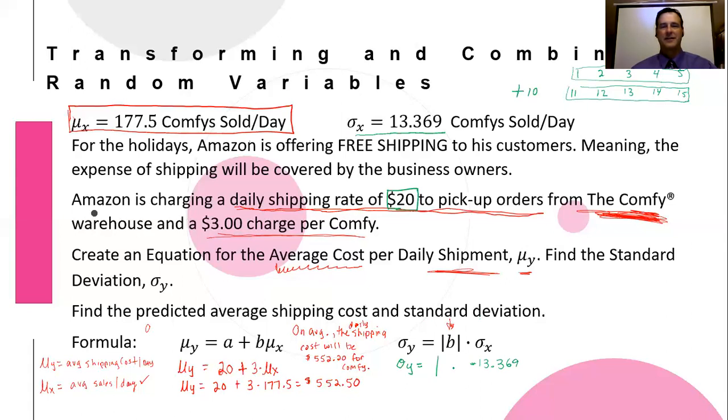And in this case, it's the absolute value of the same B that we had before, which is 3. Okay, so you can write it like that. The book will do it a little bit differently, but this is the way that I'm most comfortable with. The absolute value of 3 is 3, and 3 times 13.369 is 40.107.